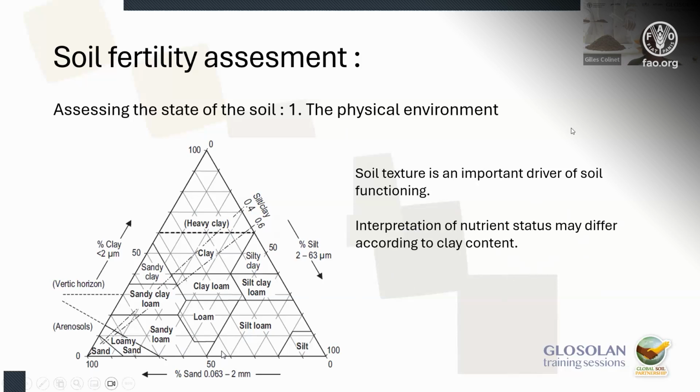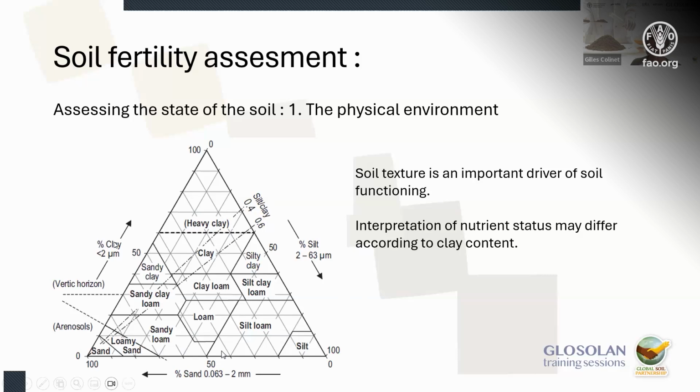The tool that is used is usually the triangle of texture. There exist different kinds. I think it's the one from the FAO. We have our own triangle for a Belgian system. There is another triangle for the USDA and so on.